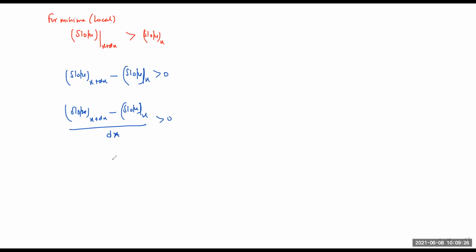Now, if y equals fx is the way of writing, so dy by dx we write as f dash x. This is how we write symbolically. So if I substitute the value, I can write f dash x plus dx minus f dash x upon dx is positive.